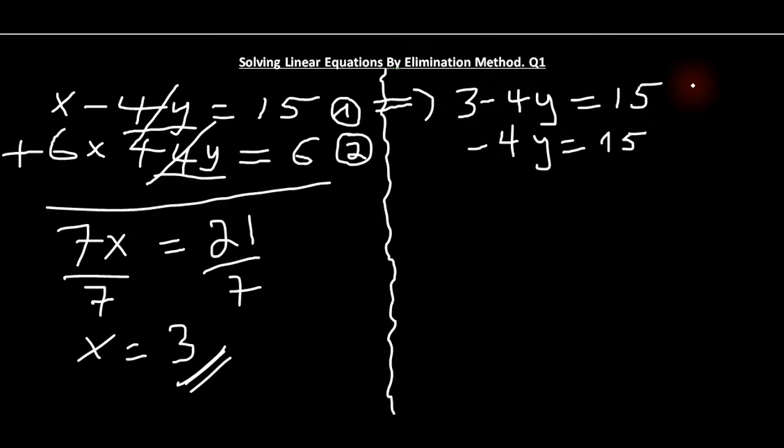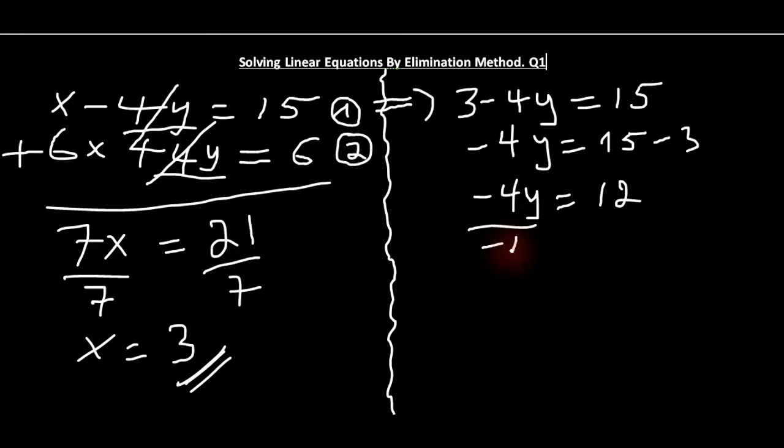Taking 3 to the right hand side of the equation is going to be minus 3. So minus 4y will be equal to 12. To get the value of y, we have to divide both sides of the equation by minus 4.